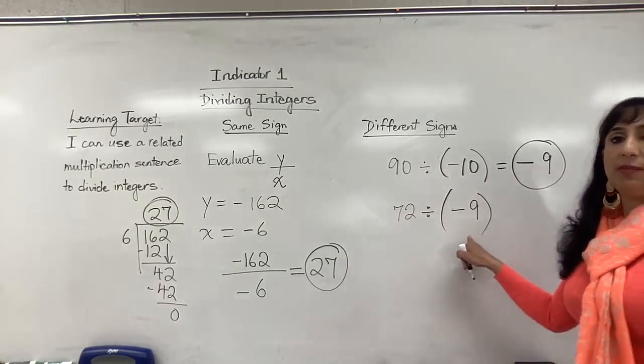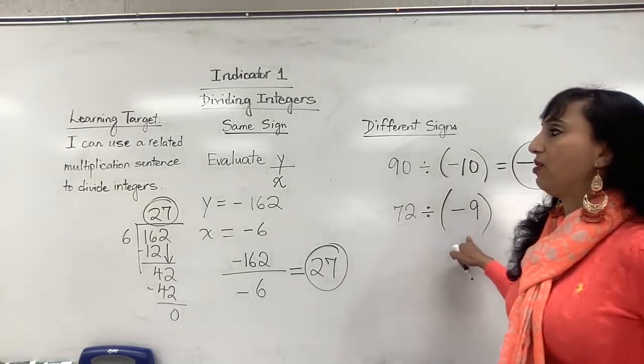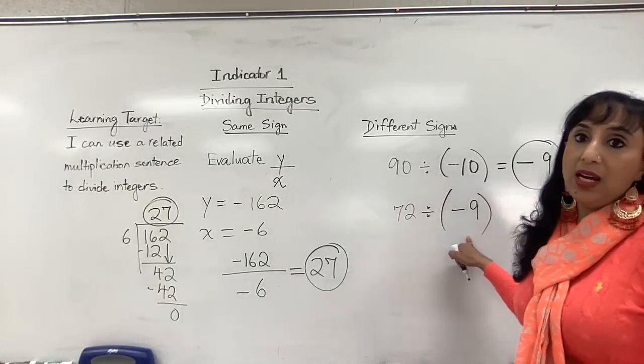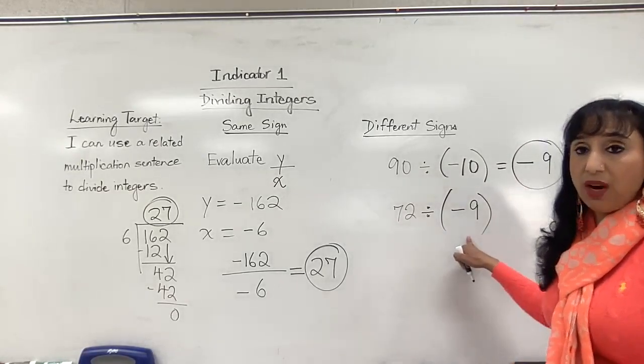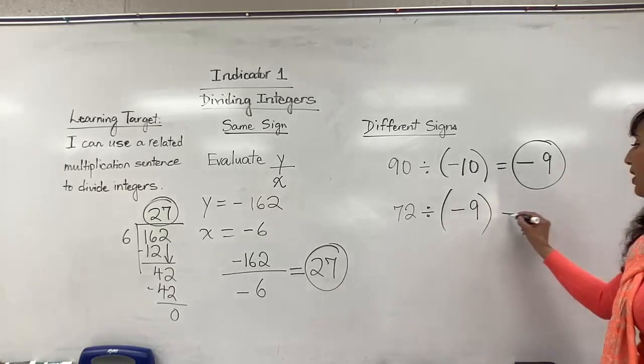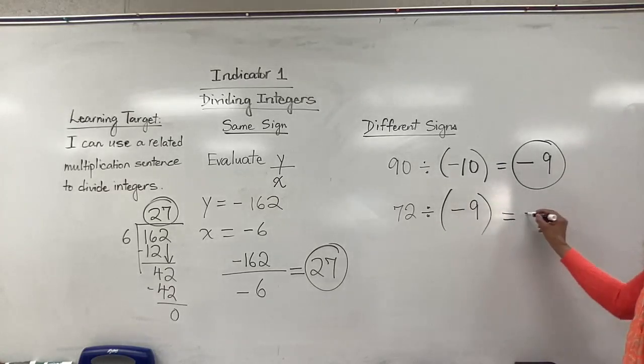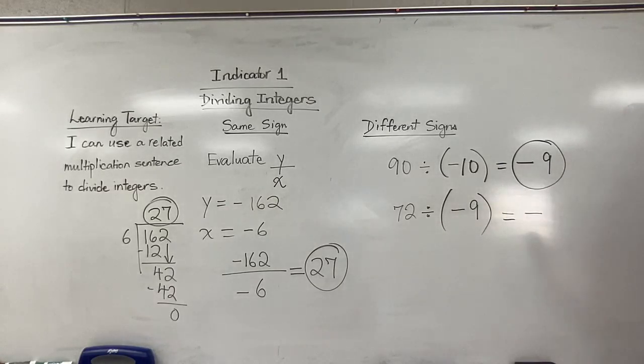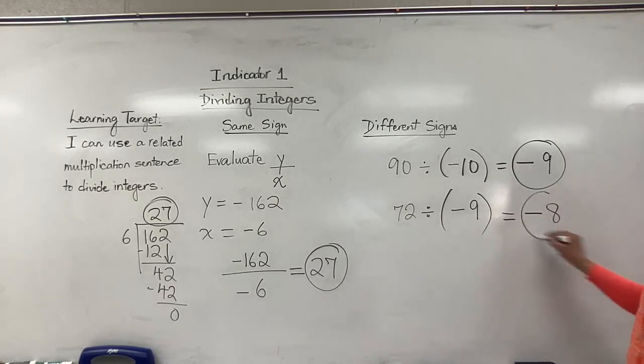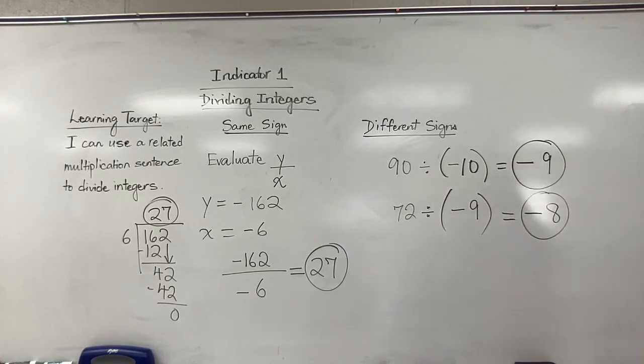And if I use the multiplication inverse sentence to divide the integer, I know that 9 times 8 is 72. So therefore 72 divided by 9, remember opposite signs, so negative, and this is going to be 8. And so this is the quotient with the signs being different. So if I have different signs, I'm going to have a negative quotient.